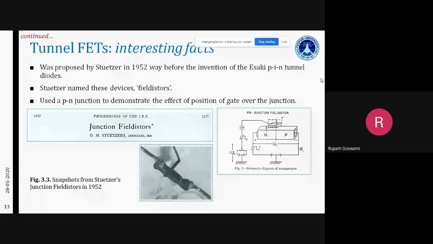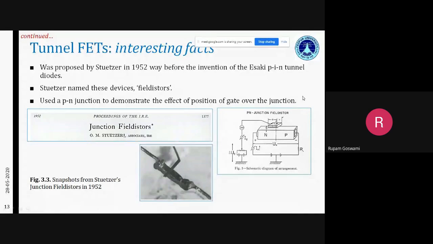carriers. So you see the header of the proceedings of the IRE in which O.M. Schweitzer published, and a snapshot of the uncased device, which you can see has 3 terminals, as shown in the lower figure. And this is a schematic of the p-n junction filter which he proposed in his paper or article.